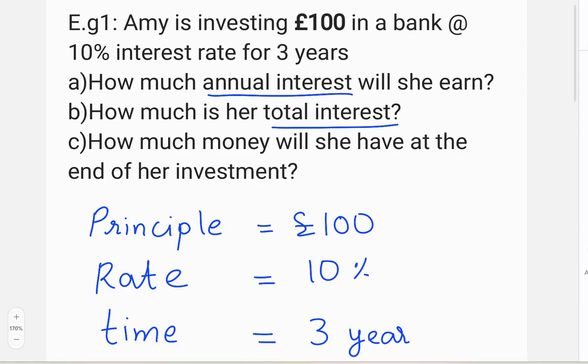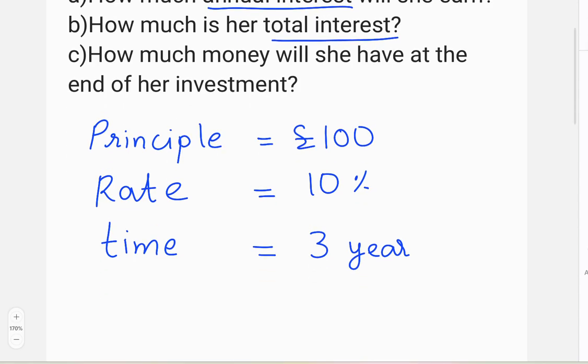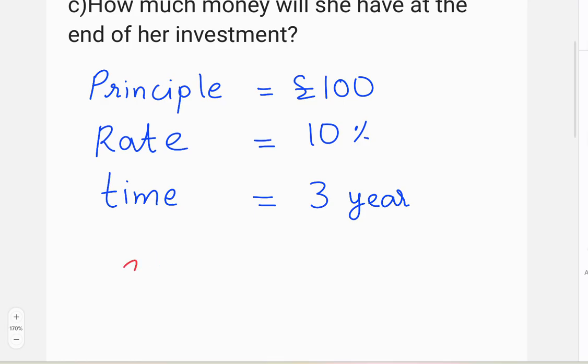Now you have to think. In this question, they didn't mention which interest we have to use. There are two types of interest: simple interest and compound interest. So I'm going to do the same question with both simple interest and compound interest. Let's start with simple interest.